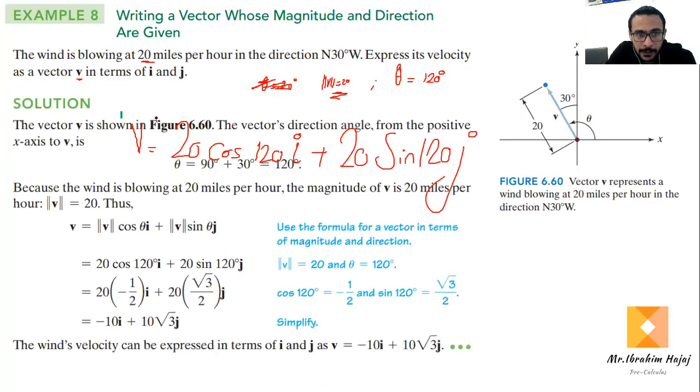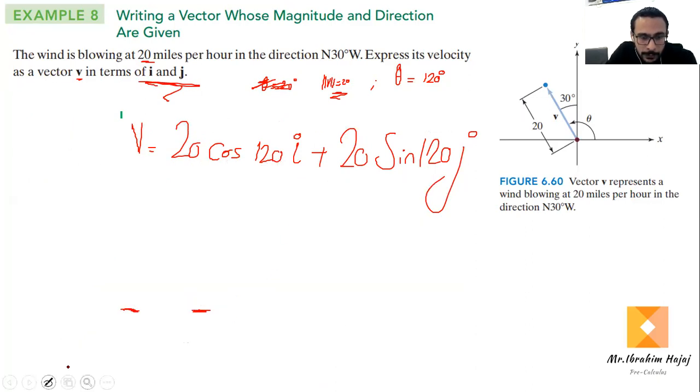Then write it in terms of i and j, evaluating sine 120 and cosine 120, which is negative half and radical 3 over 2. So 20 times negative half plus 20 again times sine 120.